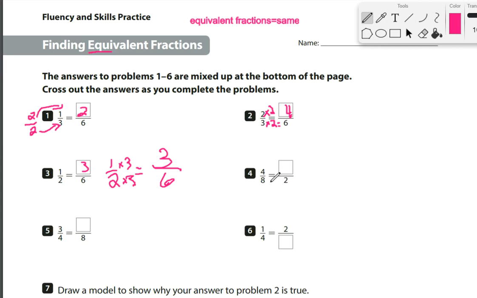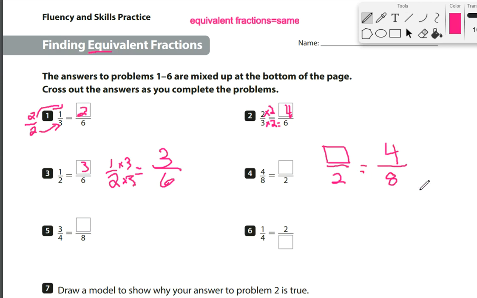Now they've done something kind of tricky to us here. They've put the bigger number up front. So we have to figure out, by working backwards, how we can get from 2 to 8. The easiest way to solve these problems, just flip them around. Because they're equivalent, it doesn't matter if you have the big number up front or behind.